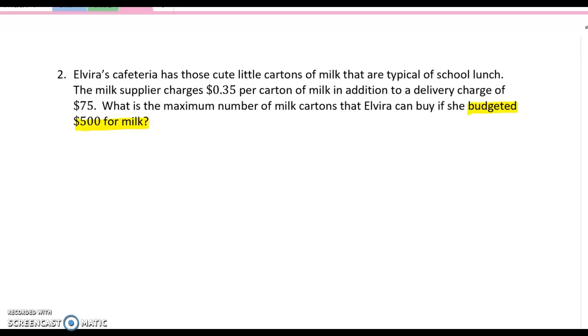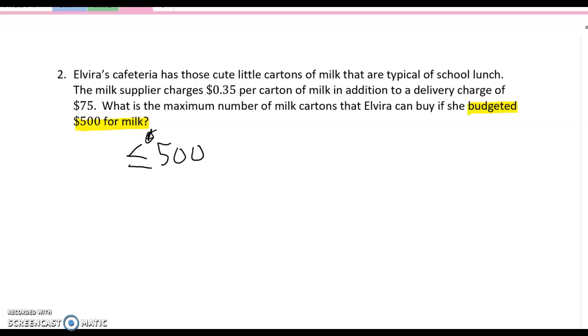We're going to focus here on "budgeted $500 for milk." When you're on a budget, that means this is all the money you have to spend, so you have to stay within that limit. Elvira only has $500 to spend on milk, so she can't go over that when she orders the milk.